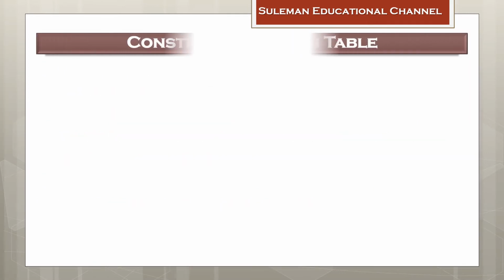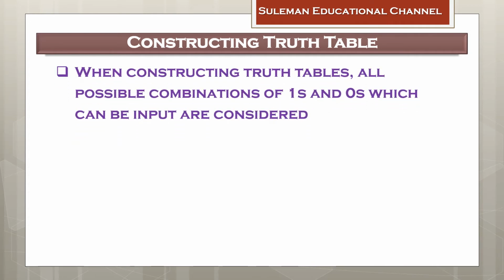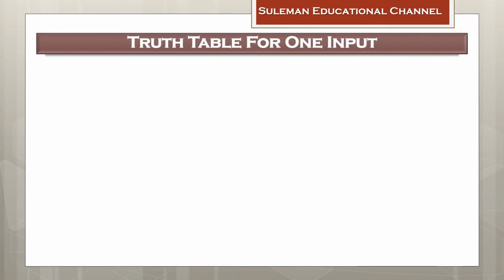Now, we will discuss how a truth table is constructed. When constructing a truth table, keep in mind to consider all possible combinations of 1s and 0s which can be provided as input. NOT gate is the only logic gate that has 1 input.